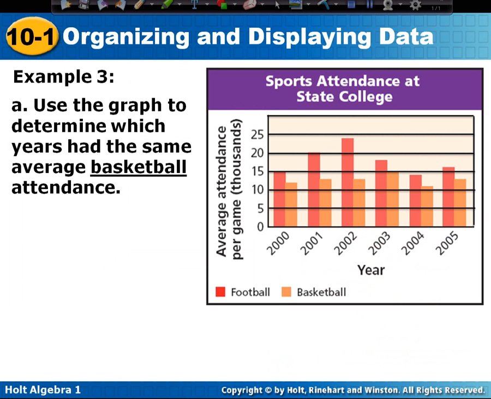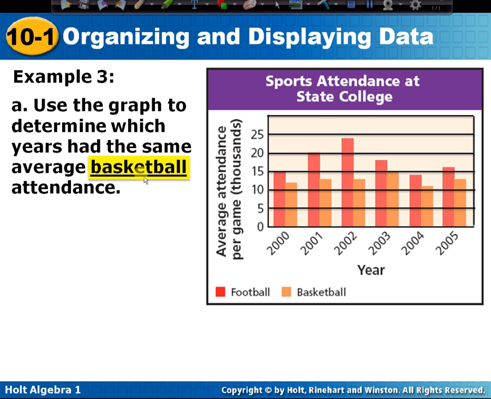Right, example number 3 says, use the graph to determine which years had the same average basketball attendance. So this is our double bar graph. The ones in red are talking about the football attendance. The ones in orange are talking about basketball attendance. And it's the average attendance per game in thousands, and this is the different years. So we want to know, when's it going to be the same?